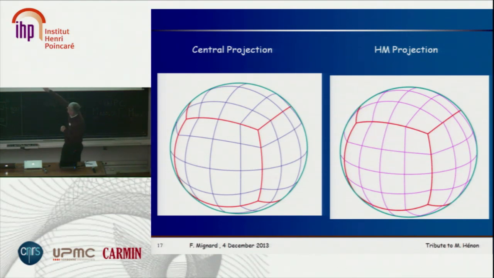You can see immediately near the edge that the shape is less distorted. On the surface, it's not easy to see because there is another projection here to present it in 2 dimensions. But all the surfaces here are identical. The surfaces here are not identical. They are larger close to the edges.